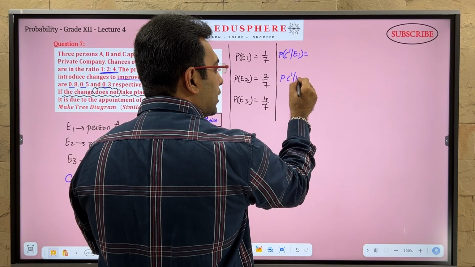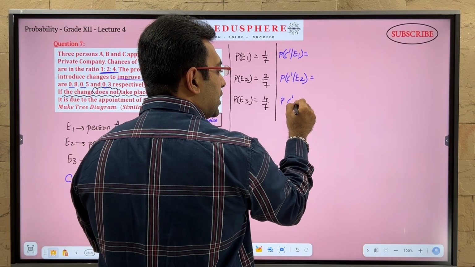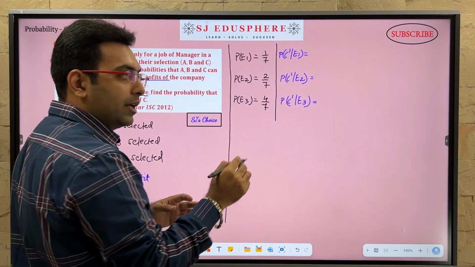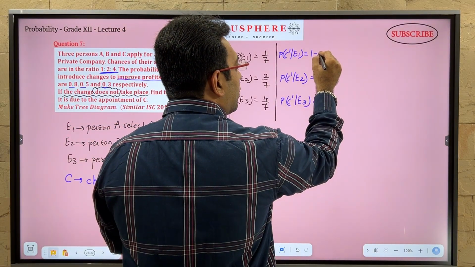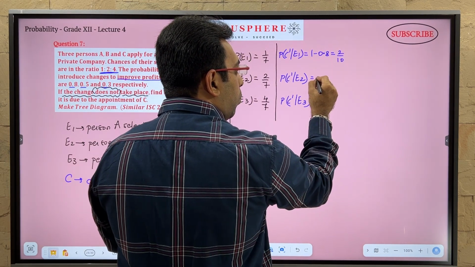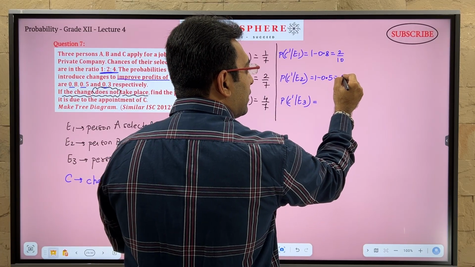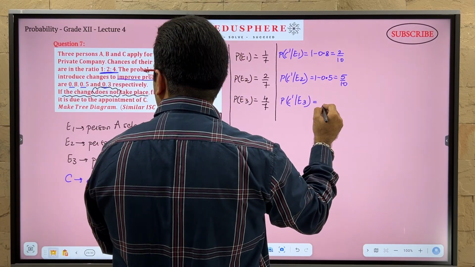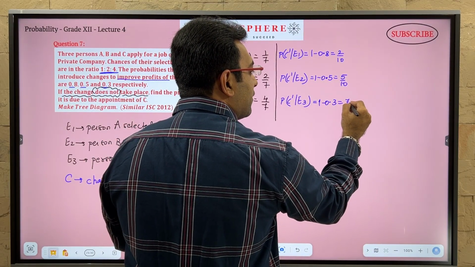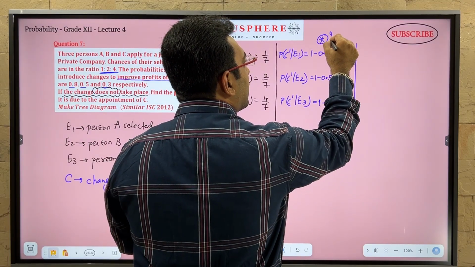Change does not take place given that E2 was selected. Change does not take place given that E3 was selected. This is 1 minus 0.8, which is 0.2. 1 minus 0.5, which is 0.5, and 1 minus 0.3, which is 0.7. Please note, this is your important step in the sum.